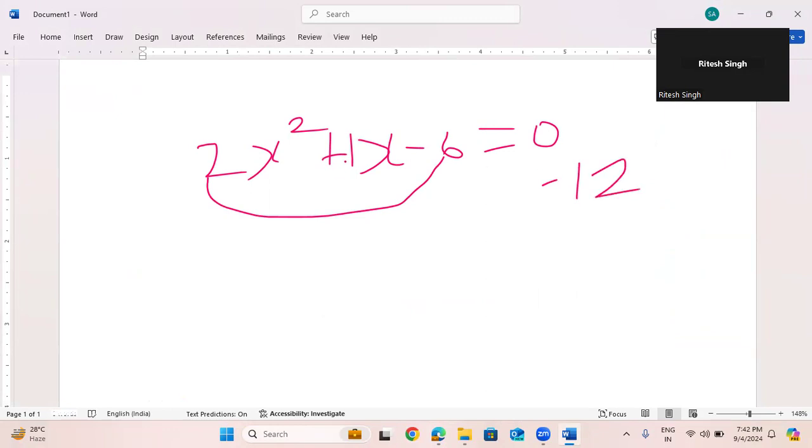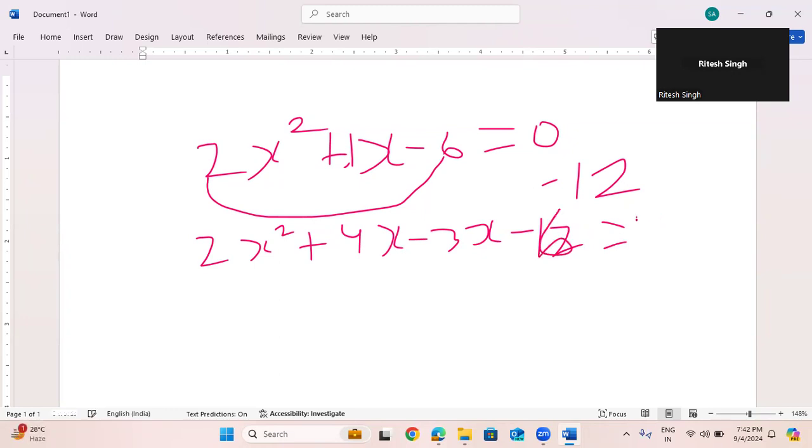And here it is 1. We have to break 1 in such a way that the product becomes minus 12. So what can we write? We can simply write 2x square plus 4x minus 3x. 4x minus 3x will be what? 1x. And this will remain as it is, minus 6 is equal to 0.